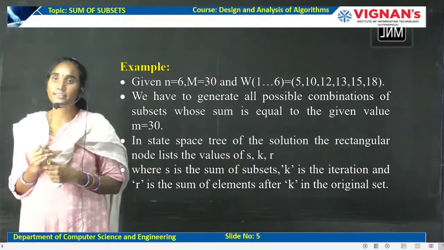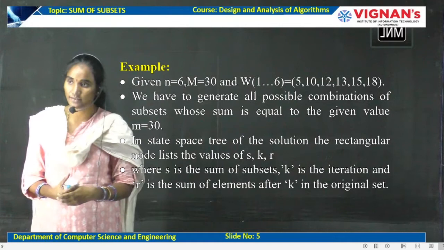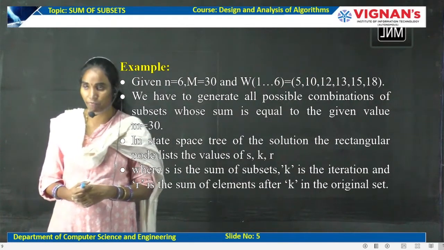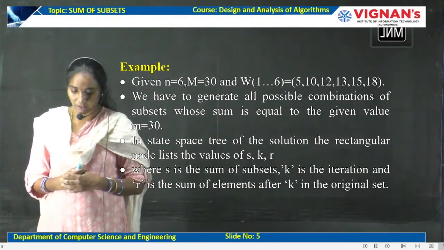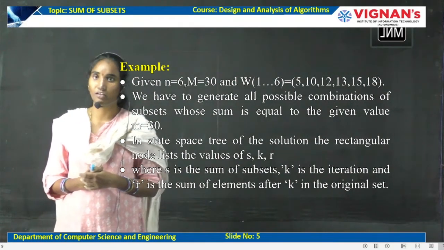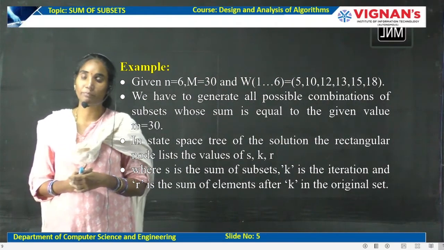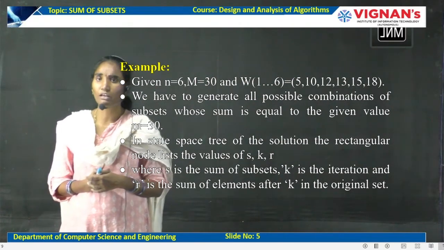Now let's consider an example where 6 weights are given to you, which are 5 comma 10 comma 12 comma 13 comma 15 comma 18, and the sum is also given, capital M or small m, which is equal to 30.